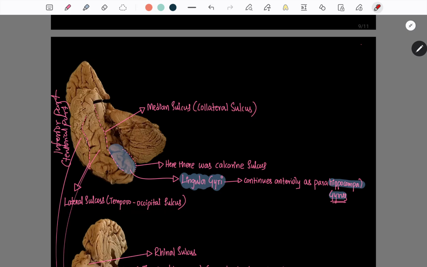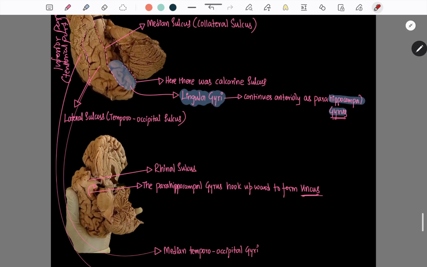Okay, backside we can see the calcarine sulcus. Between the calcarine sulcus and the median sulcus, this part is called the lingual gyrus. It continues anteriorly as the hippocampal gyrus.